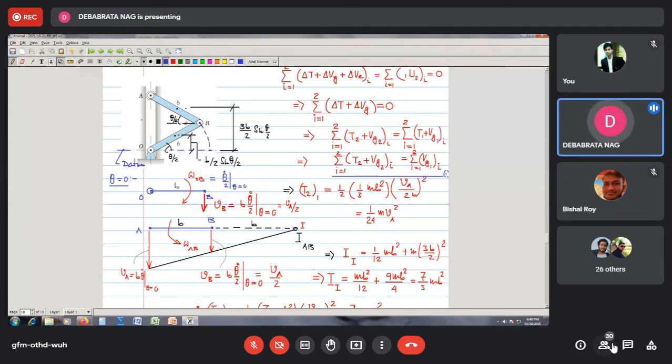And we already know the velocity of point A. By the absolute motion method, we know that this coordinate is how much? This coordinate is actually 2b sine theta by 2, correct?